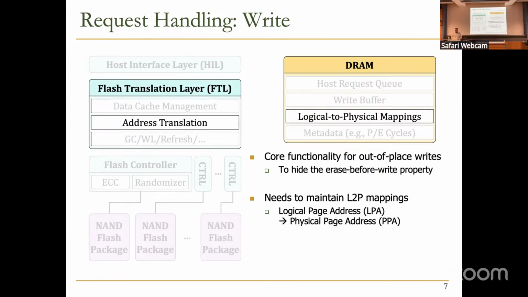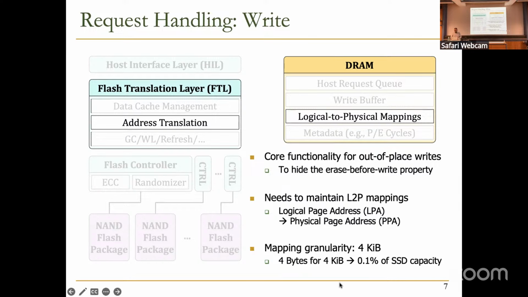So we maintain this L2P mapping. And the mapping granularity is also 4 kilobytes. It can also be 16 kilobytes, depending on the implementation. But modern SSDs, especially enterprise SSDs, usually use 4 kilobyte mapping granularity. And that's why we are storing 4 bytes for each, assuming that each L2P entry is around 4 bytes.